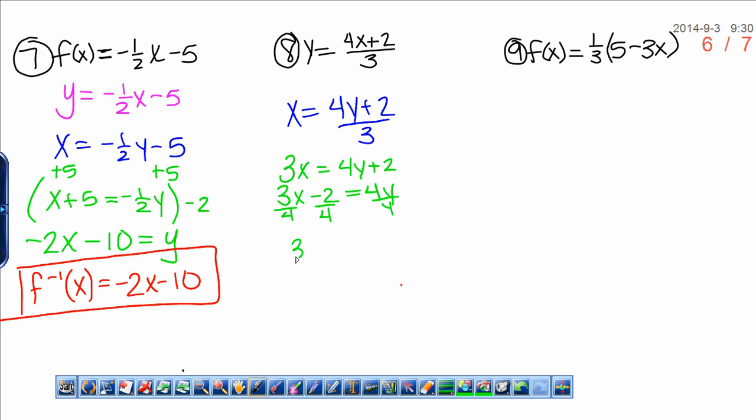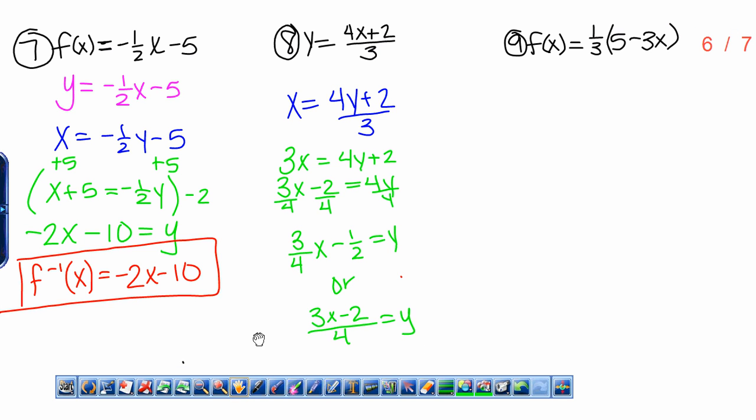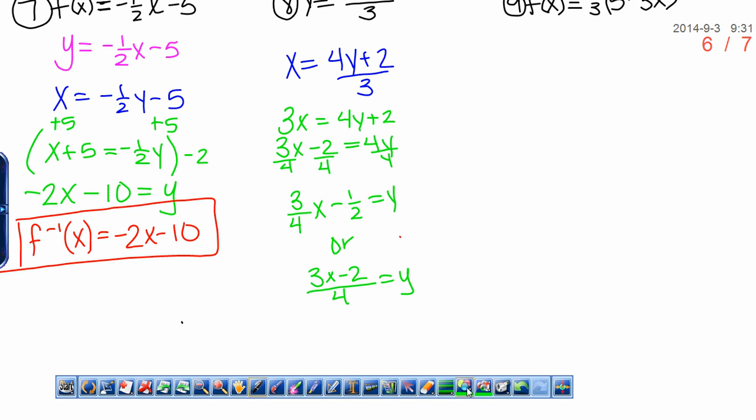Usually 3x minus 2, just all that over 4. So you could have 3/4 x minus 1/2 equals y. That's the same thing. Or you could have 3x minus 2 over 4 equals y. And then change to your f inverse notation.